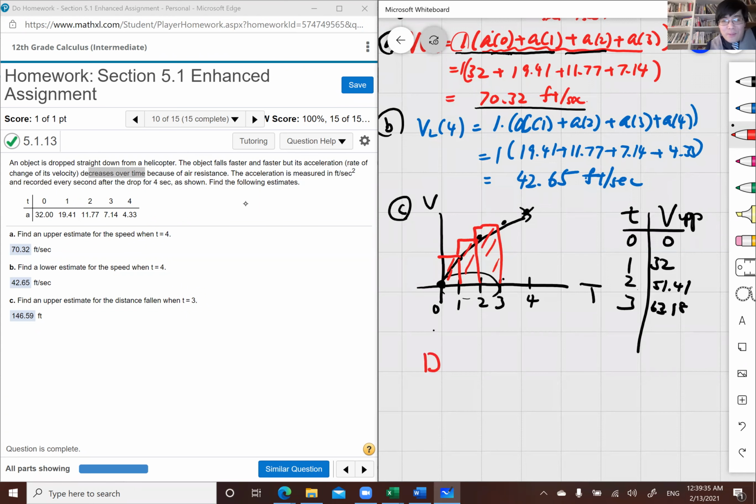So the distance traveled from time 0 through 3 is going to be 1 unit times the speed at 1 plus the speed at 2 and the speed at 3. That's 32 plus 51.41 plus 63.18. That is 146.6659.